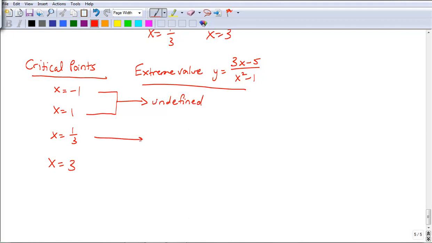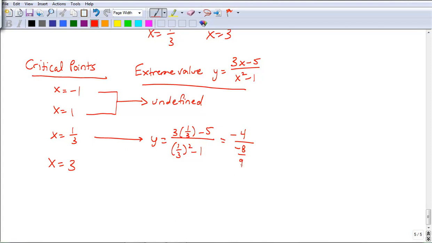When I put 1/3 in there, I'm going to plug that into the function. On the top I get a negative 4. On the bottom I get negative 8/9.